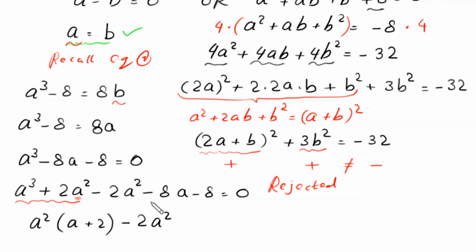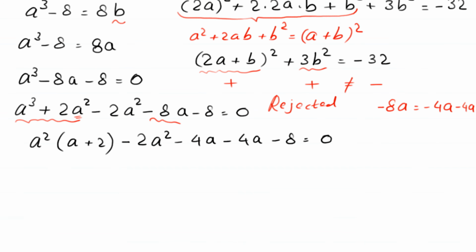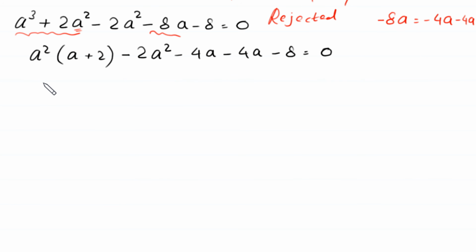Now we write this negative 8a as negative 4a minus 4a. So this will become negative 4 times a minus 4 times a minus 8 is equal to 0. Next, a squared times a plus 2.